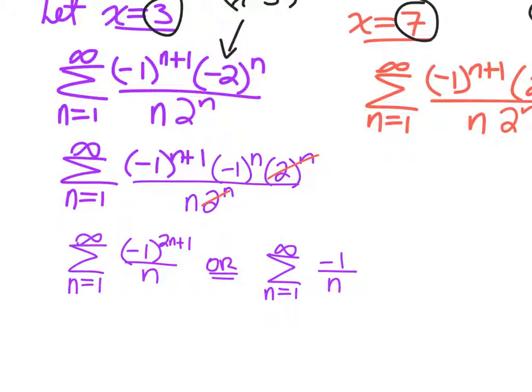So depending on what you come up with here, you could actually save yourself a lot of time and energy, because this is going to be a lot easier to handle than that, right? This, you would have to use ratio test, most likely. What about this one?